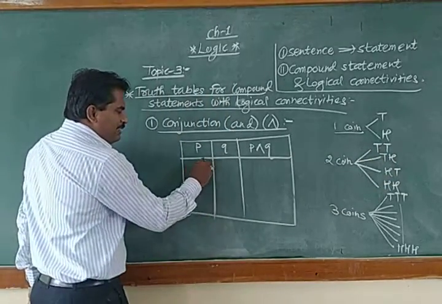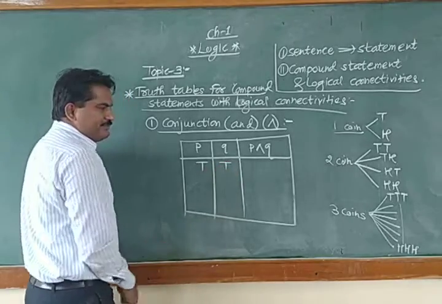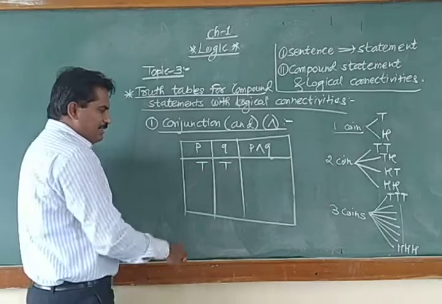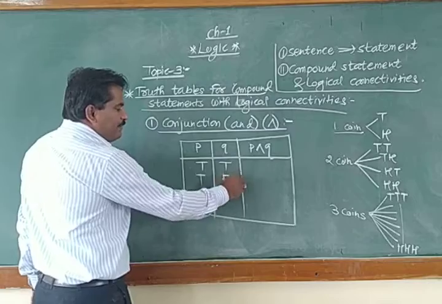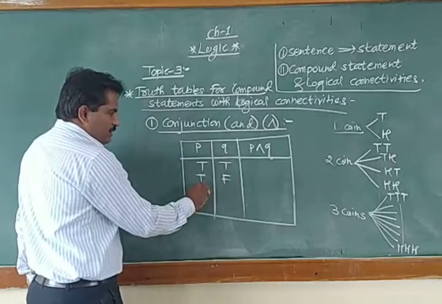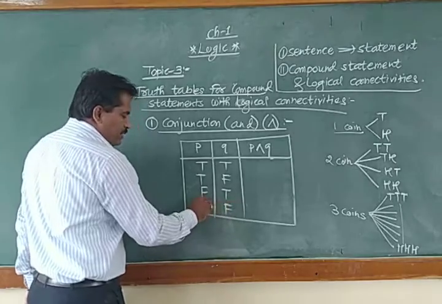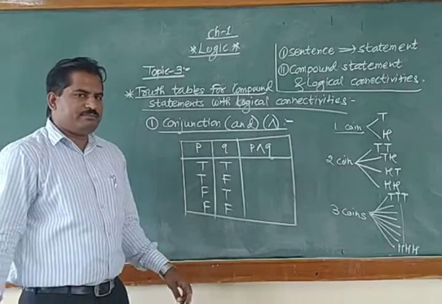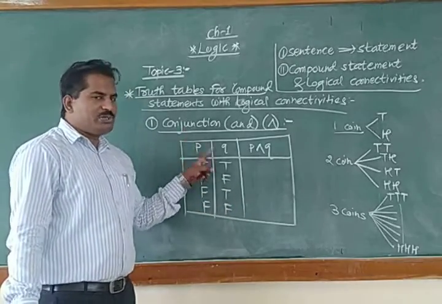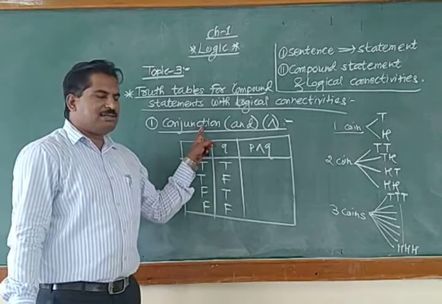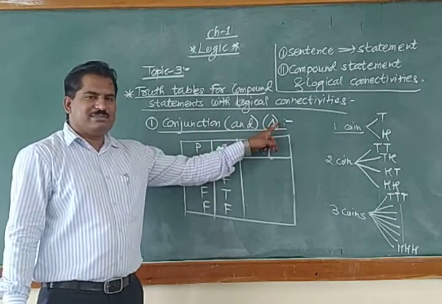Therefore, the possibilities are TT, TF, FT, and FF. It is a truth table for conjunction 'and'.